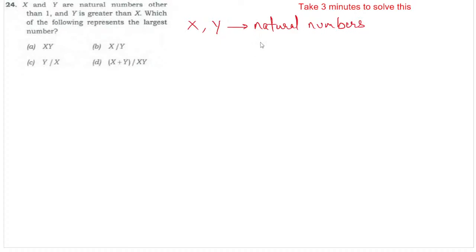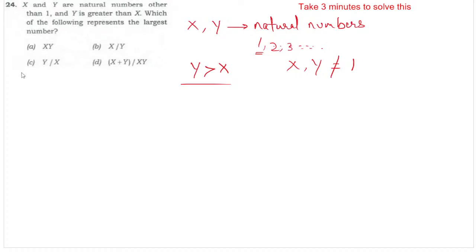Natural numbers means 1, 2, 3 and it goes on like that. So x and y are not 1 and y is greater than x. This is the condition that they have given.